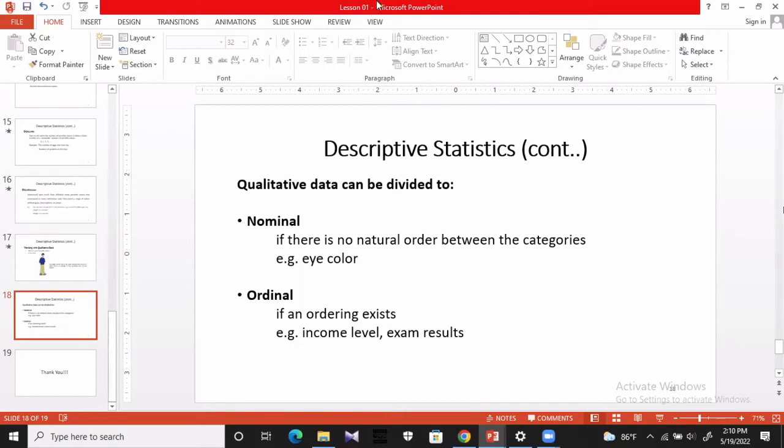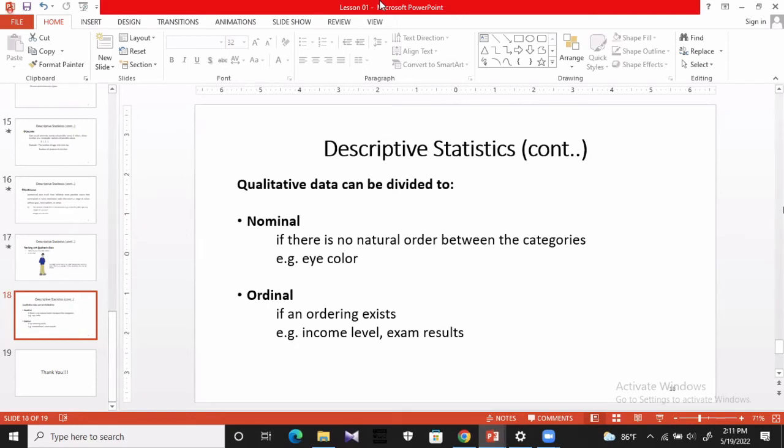Birth date is a numerical value. But does it give any mathematical sense? No, it's just a number. It doesn't give any mathematical sense. Therefore, in that case, birth date is a qualitative data, not a quantitative one.